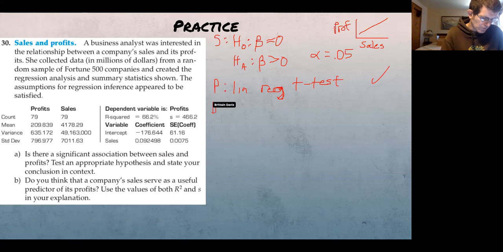All right, so do. We're dealing with a t statistic, which is the stat minus the parameter divided by the standard error. Now I can do a more specific one, where b is my stat, beta is the parameter, and the standard error is s divided by s sub x times the square root of n minus 1.